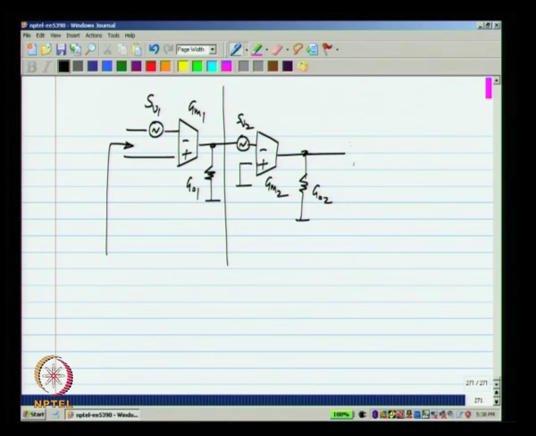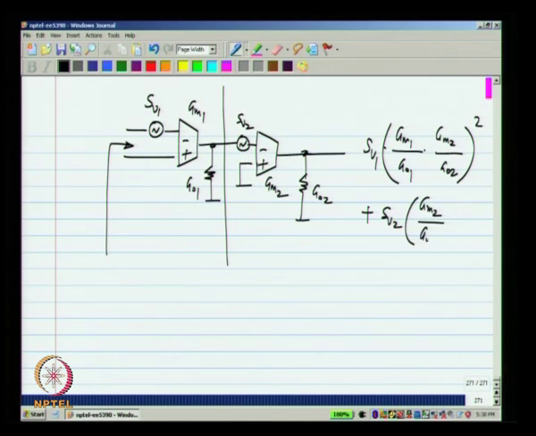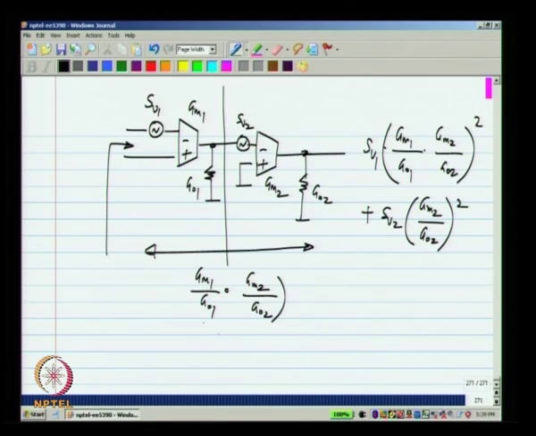So, the total spectral density at the output due to SV1 will be (GM1 by GO1 times GM2 by GO2) squared, and due to SV2, the input referred noise of the second stage, we will have SV2 times (GM2 by GO2) squared. Okay. And the overall gain we know is (GM1 by GO1 times GM2 by GO2) whole squared.